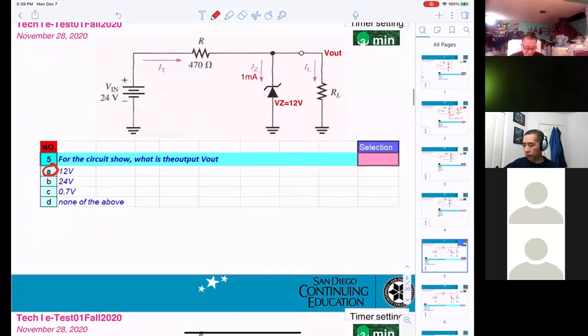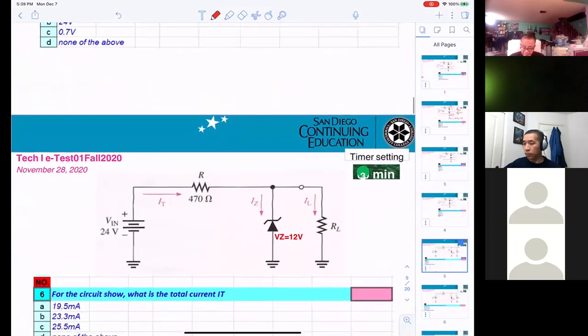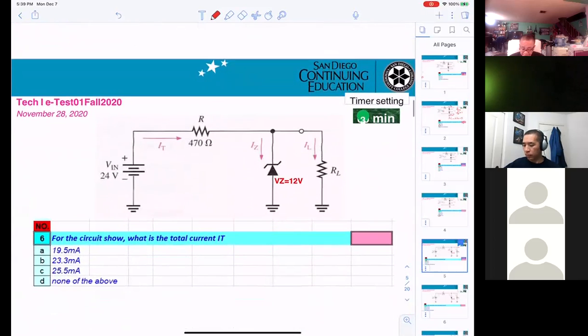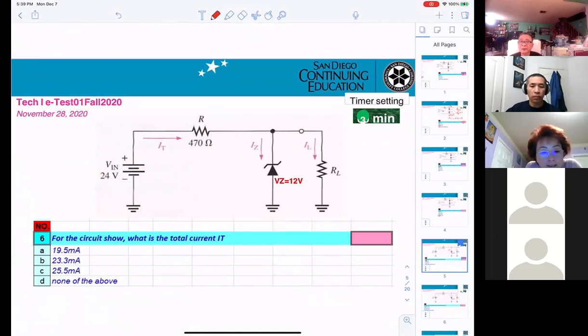Okay, let's see. Number 6. I got number C. C, 25.5 milliampere. How many ampere? 25.5. Is it 25.5, right? Yes, sir. Yes. A.